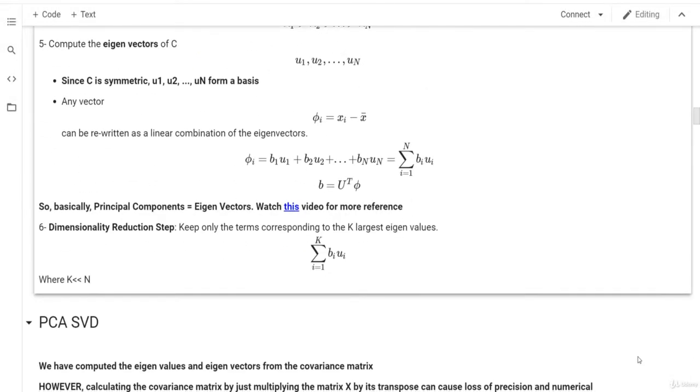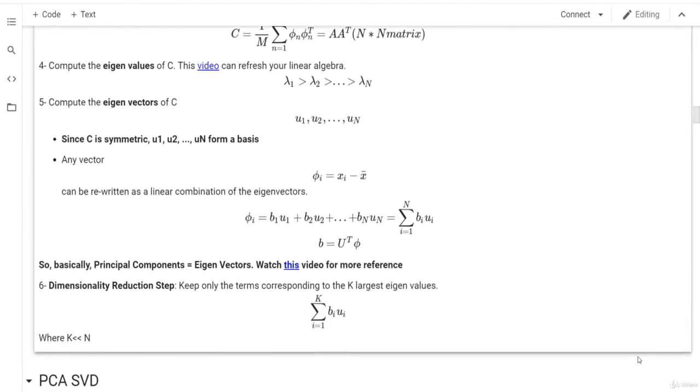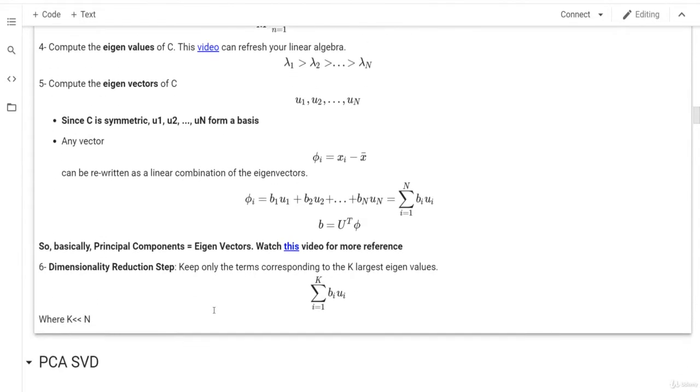Welcome back. So we discussed the steps of the PCA algorithm. Now let's see what the problem is. We computed the eigenvalues and eigenvectors from the covariance matrix, right?